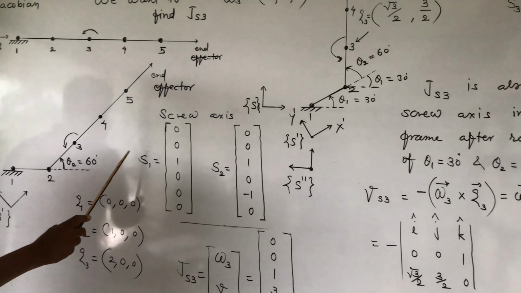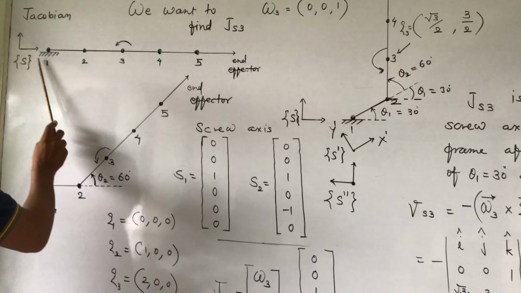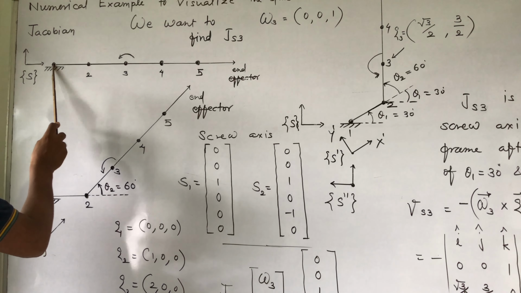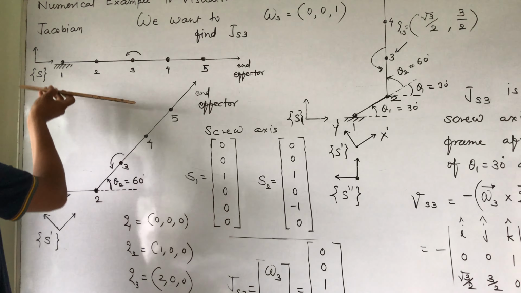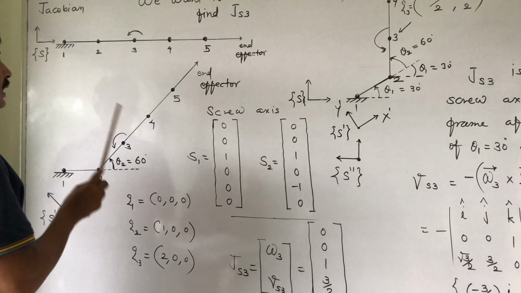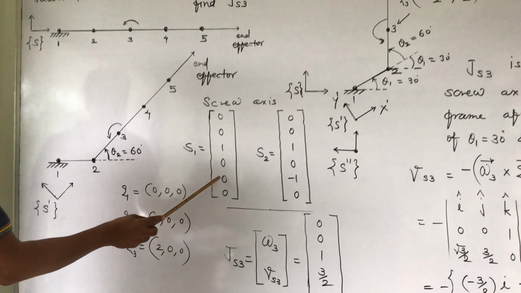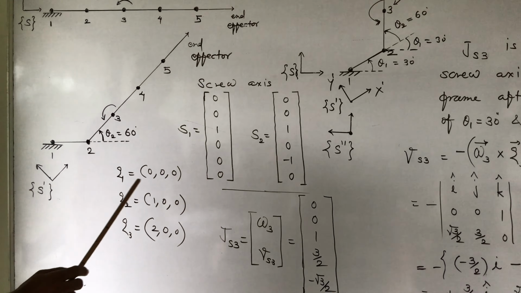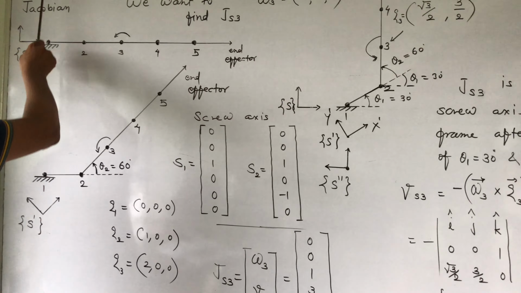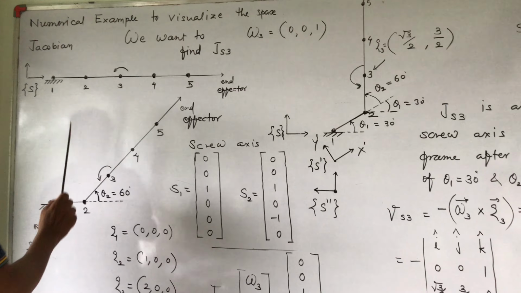We will define the screw axis in the home frame. Suppose the screw axis is here, and it is rotated by 0, 0, 1. Angular speed is 1 radian per second. And the origin of this frame is 0, 0, 0. Because if you rotate this, there is no velocity of this point.